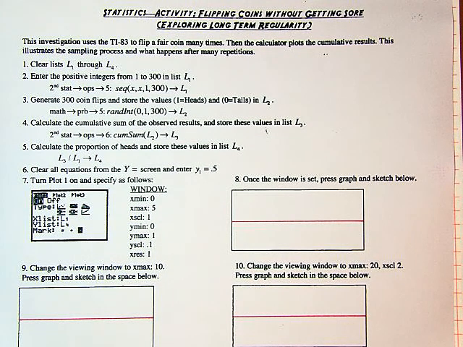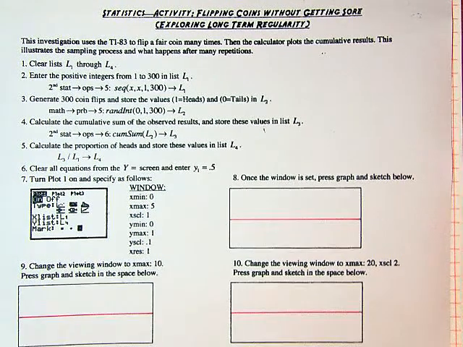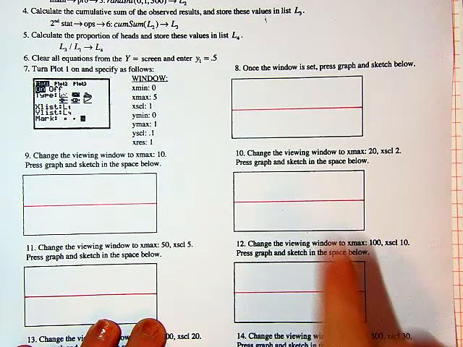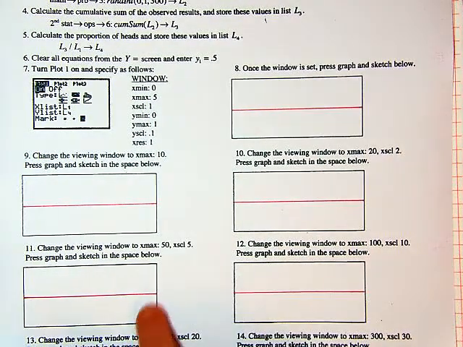All right, you guys, here I'm going to flesh out this activity where we are flipping coins without getting sore. So we're asking our graphing calculator to simulate the flipping of 300 coins. What I've done to start is I've drawn in this horizontal line for all of these boxes down below.